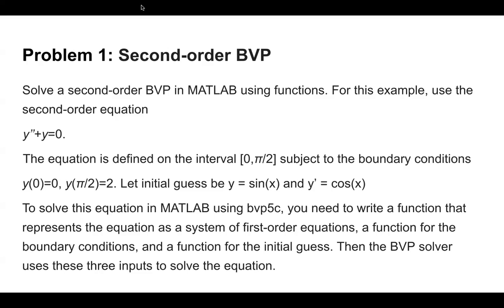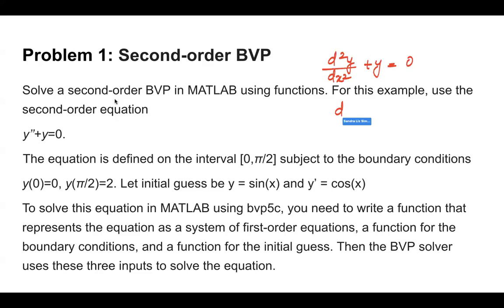Here we have a second order BVP, and the equation is y double dash plus y is equal to 0. So how does it come? With respect to x, d square y by dx square plus y is equal to 0.